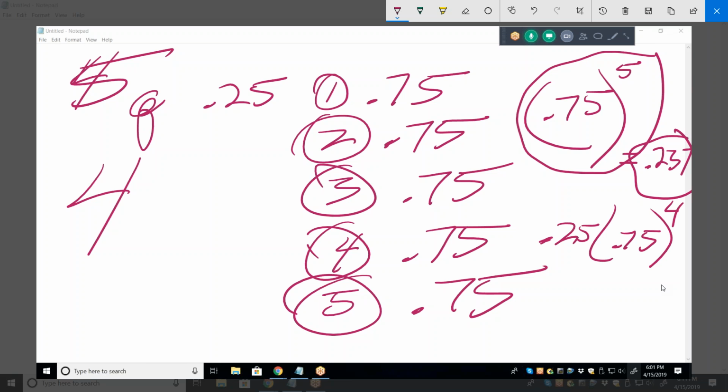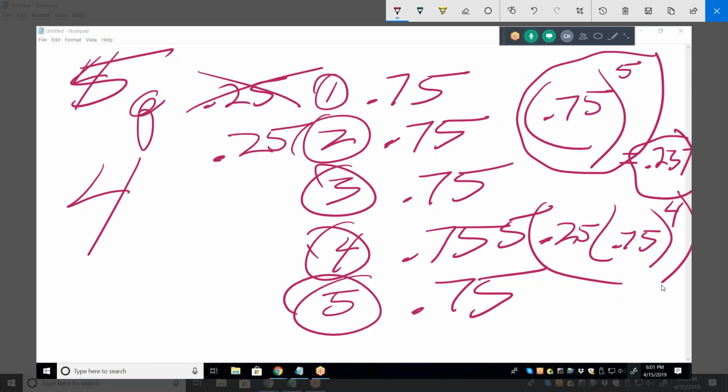But notice I can not get that one and I can get this one. So the odds of getting the second one only are this again. Same with 3rd, 4th, and 5th. So I know the odds of getting precisely 1 are 5 times that. There's 5 different ways I can get precisely 1.